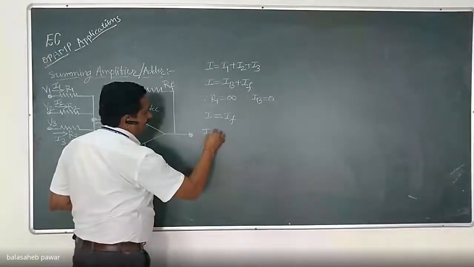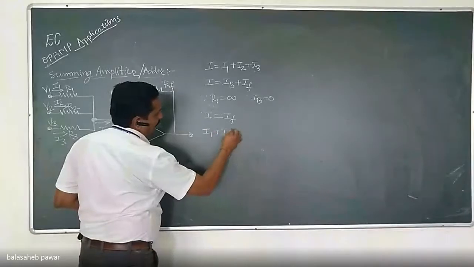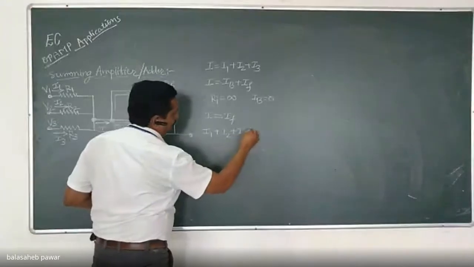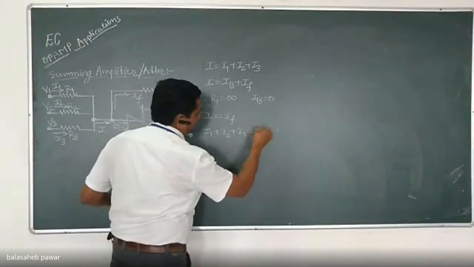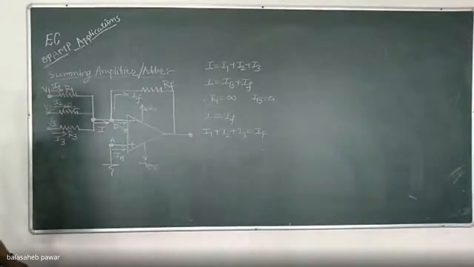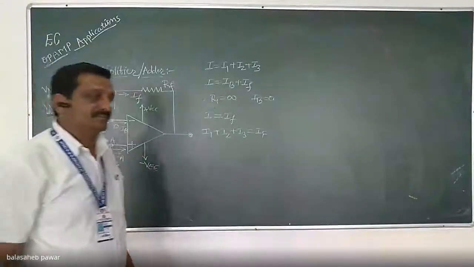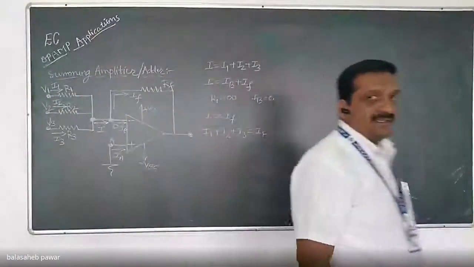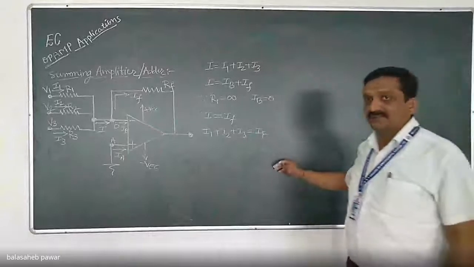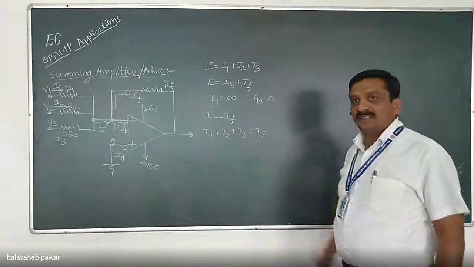Therefore, I1 plus I2 plus I3 equals IF. Do you agree with this up to here? Is it visible properly, whatever I am writing on the board?